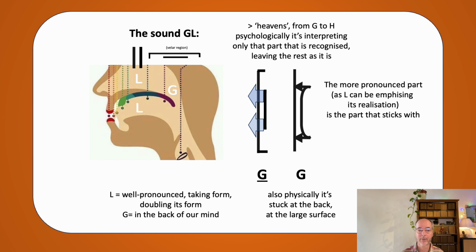And so psychologically we will express everything from G to H as something that we only realize partly, especially with the G: there's only a part that we will realize, what we can grasp, and we leave the rest as it is.